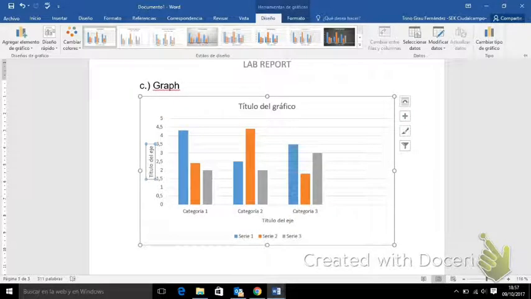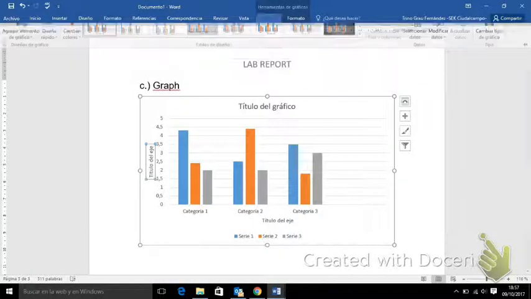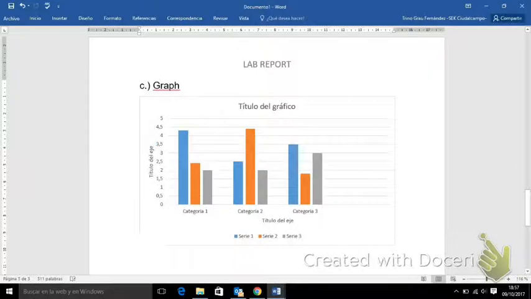The y-axis is the volume of water absorbed, and the x-axis is the brand of material.